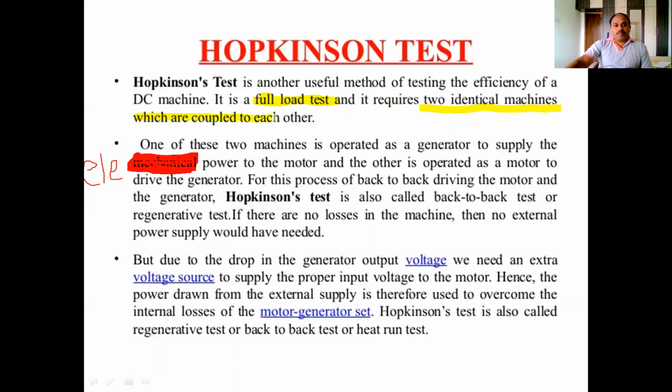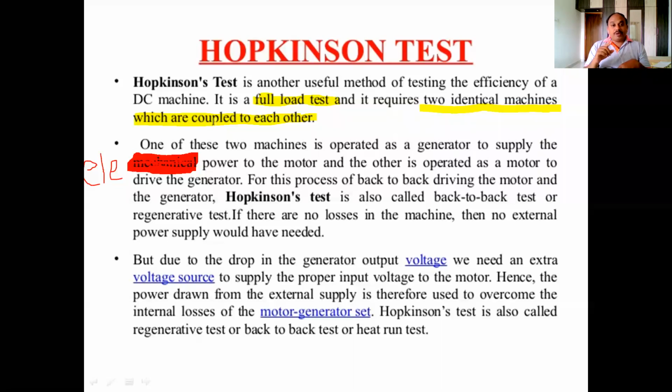This is also a very important point in the Hopkinson test. Coupled to each other means both the generator and motor are mechanically coupled. That means their shafts are connected together, as well as their electrical terminals are connected in parallel.